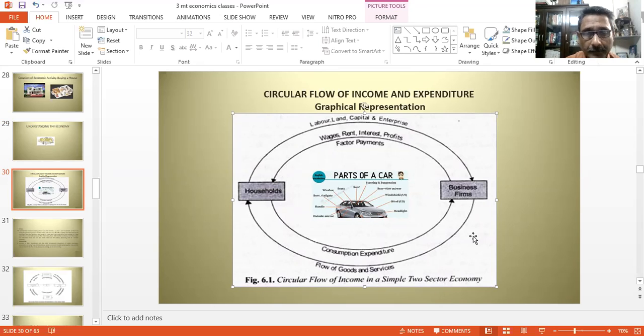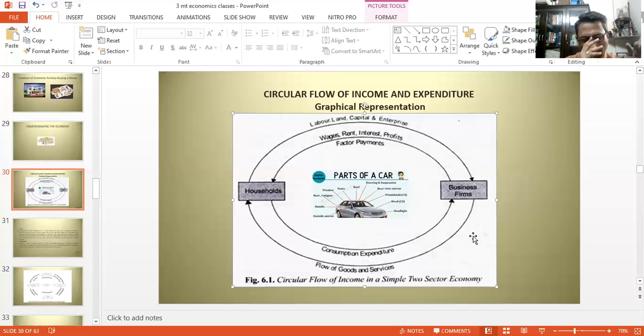What you see in the upper half is the factor inputs and the rewards for them. So this completes the income and expenditure flow, discussed with these two primary participants in an economy, households and business firms.